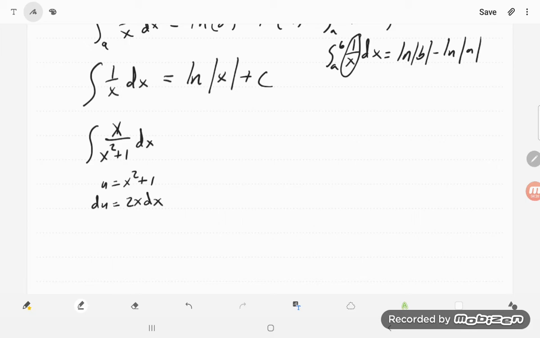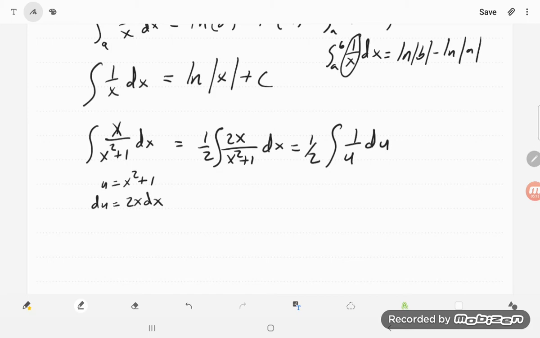Now, I don't have a 2x dx up here, so what I'll have to do is a 1/2 times 2x over x squared plus 1 dx, which gives me my 2x dx, and so I'll have 1/2 and I simply have the antiderivative of 1 over u du.